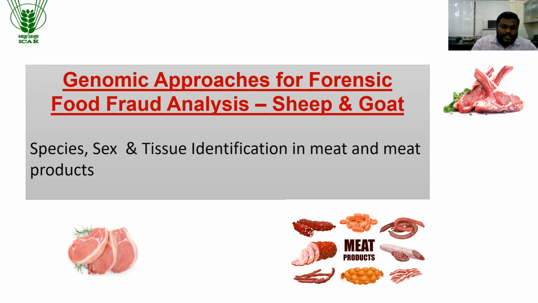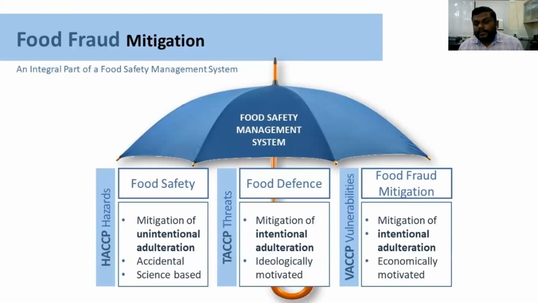Tissue identification we will not discuss in this presentation, because, as Vaidyanathan sir already explained, it is required when we talk about organs or offal meat. We will restrict our discussion mainly to species identification and sex identification.